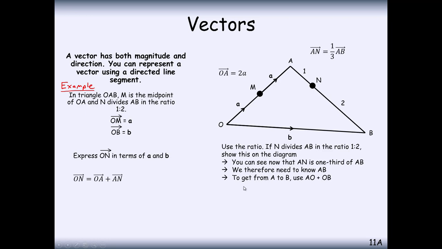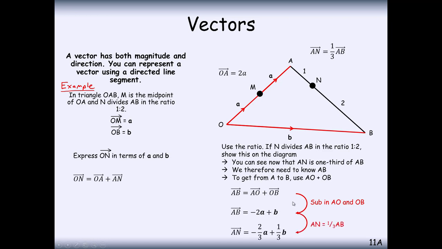So minus 2a plus b, or b minus 2a, either way around is fine. And AN is going to be a third of that, so if we divide AB by 3, it's minus 2 over 3 a plus 1 over 3 b. That's my AN.